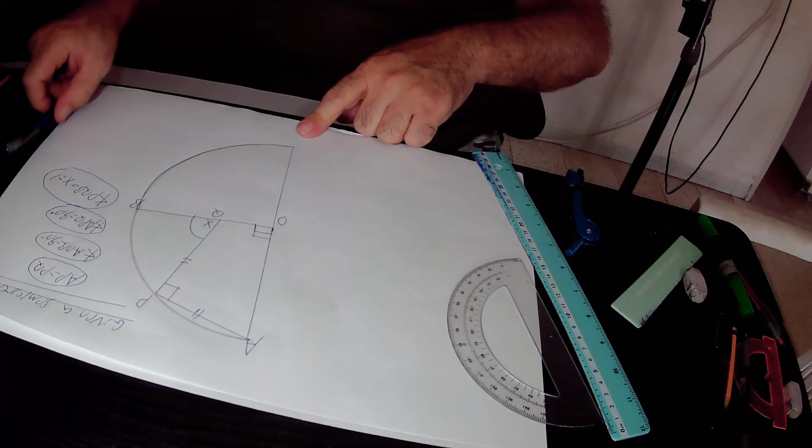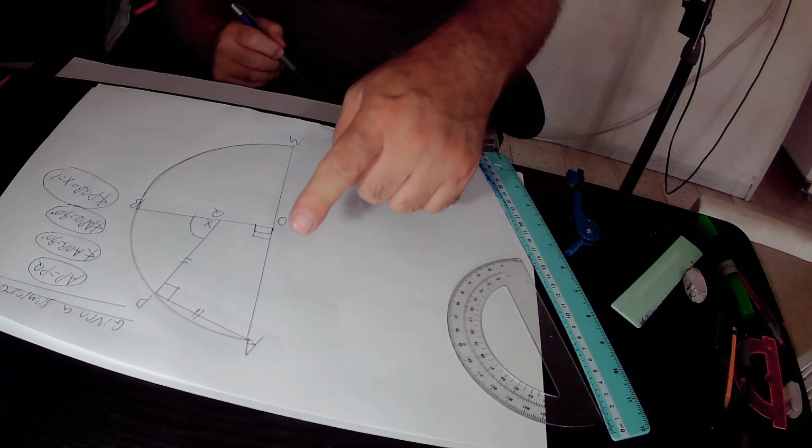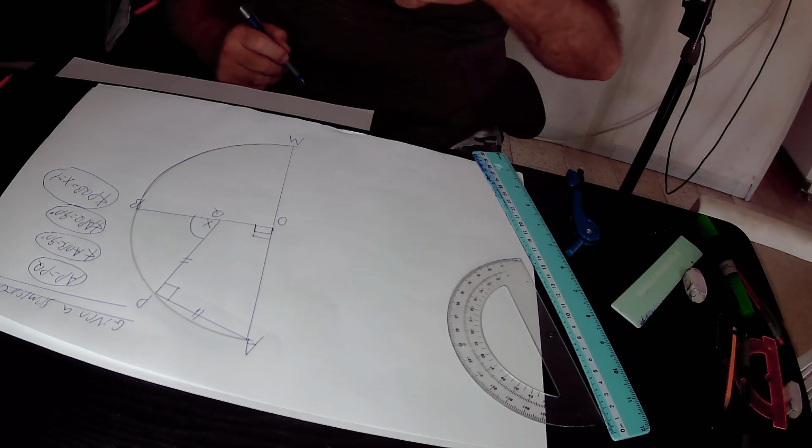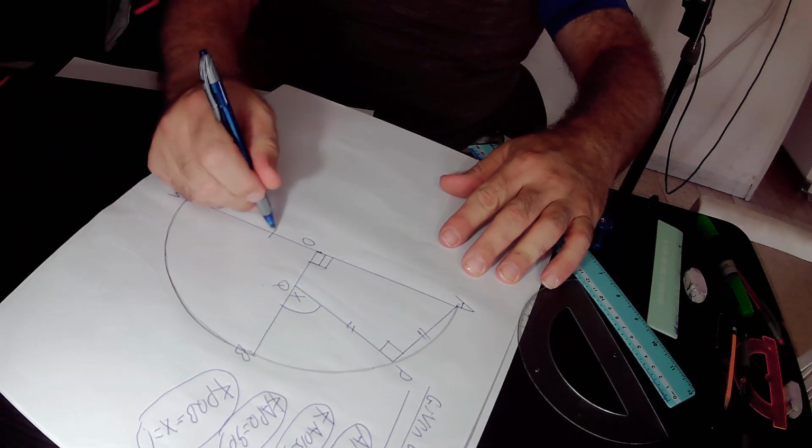We define this point as point M. So actually AM is the diameter of this semicircle according to our construction.